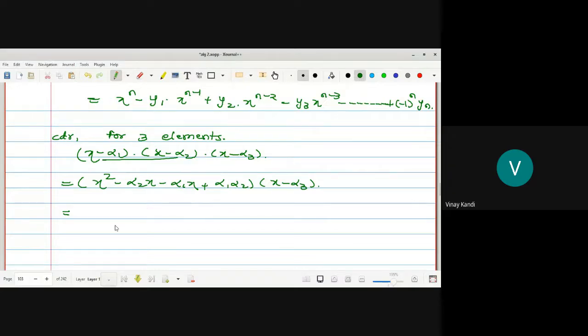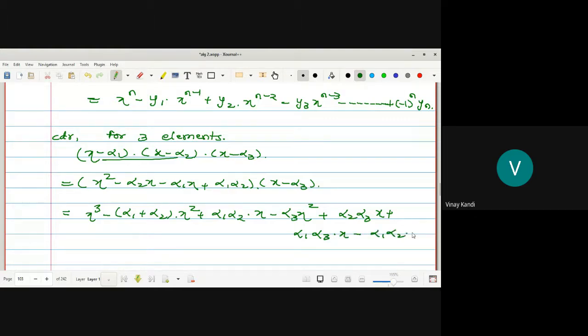After the multiplication of this bracket we get x cube minus (alpha 1 plus alpha 2) into x square plus alpha 1 into alpha 2 into x, minus alpha 3 x square plus alpha 2 alpha 3 x plus alpha 1 alpha 3 into x, minus alpha 1 alpha 2 into alpha 3.